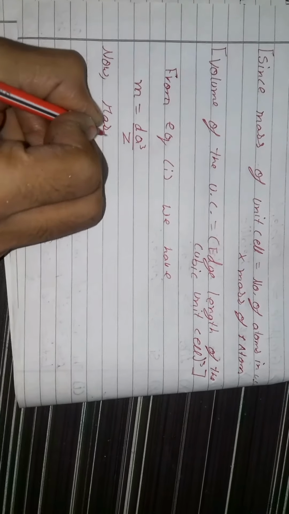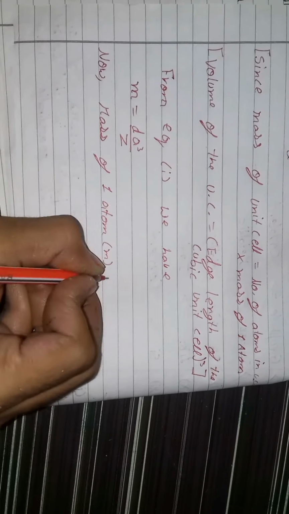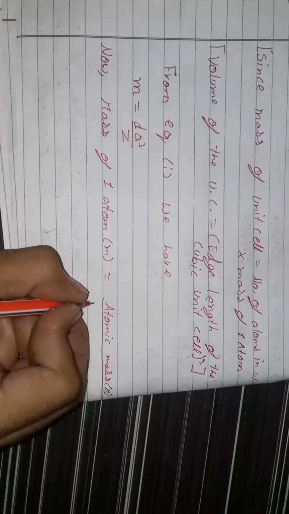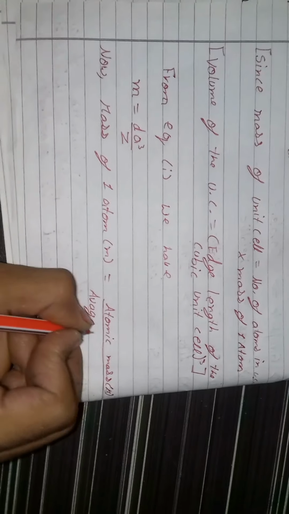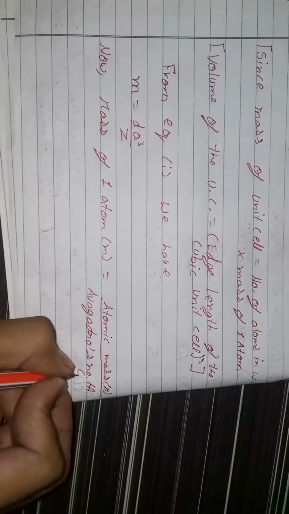Now mass of one atom, m, is equal to atomic mass, denoted by capital M, divided by Avogadro number, that is M by N_A.